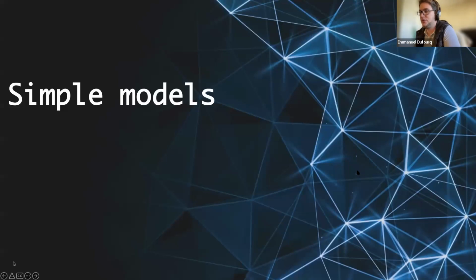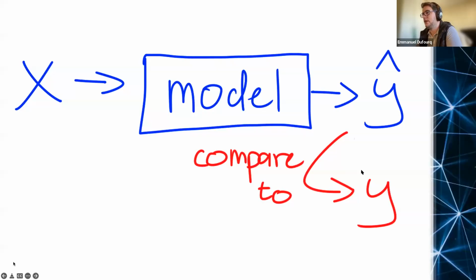So let's talk about very simple building blocks. In machine learning terminology, the feature space, our input data, will typically be called X, and then we'll have some model. It could be a fancy model, it could be a super simple statistical model, and this model will produce an output.